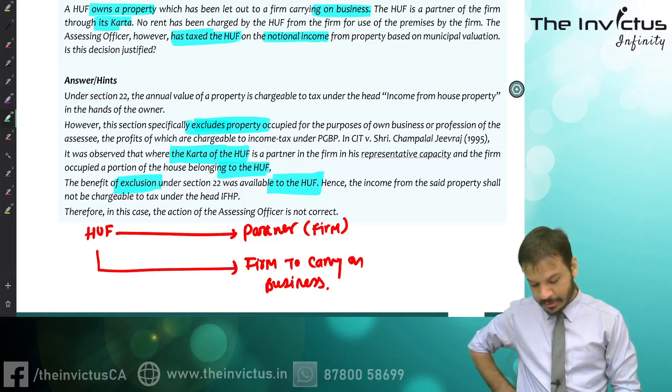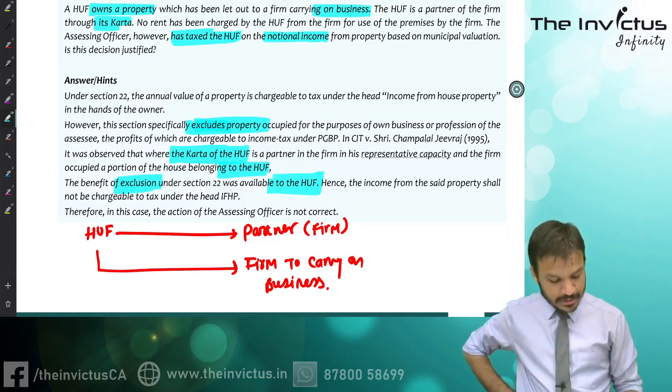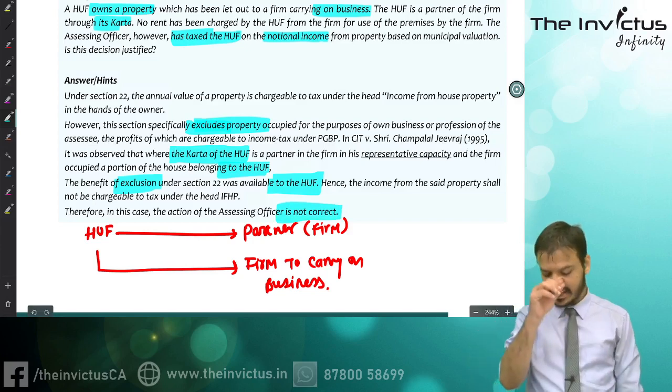Hence, income from the said property shall not be chargeable to tax under the head IFHP. Therefore, in this case, the action of the AO is not correct, right?